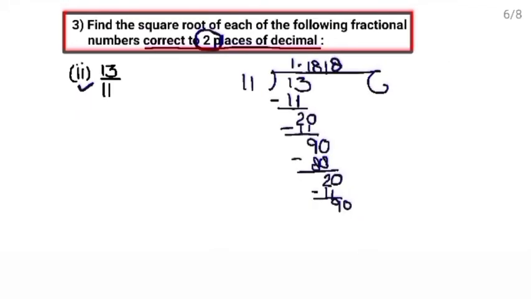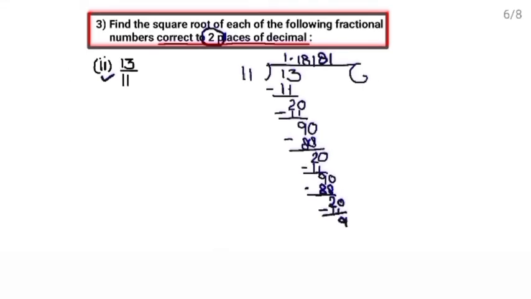Again 11 eights are 88, 2, 0. 11 ones are 11, subtract, 9, again 0. 11 eights are 88, right? So this will go on up to infinity, because this is not dividing completely.